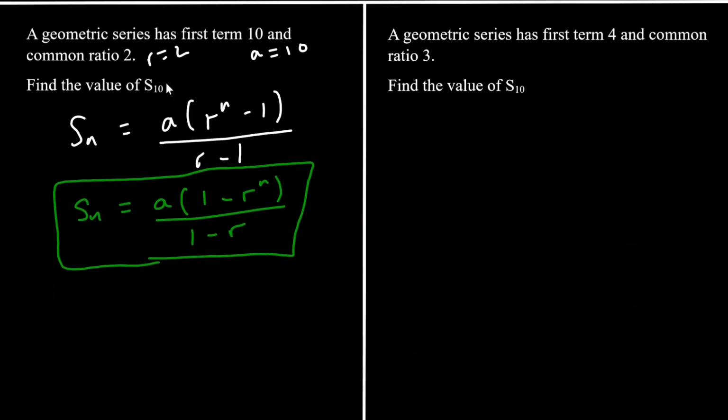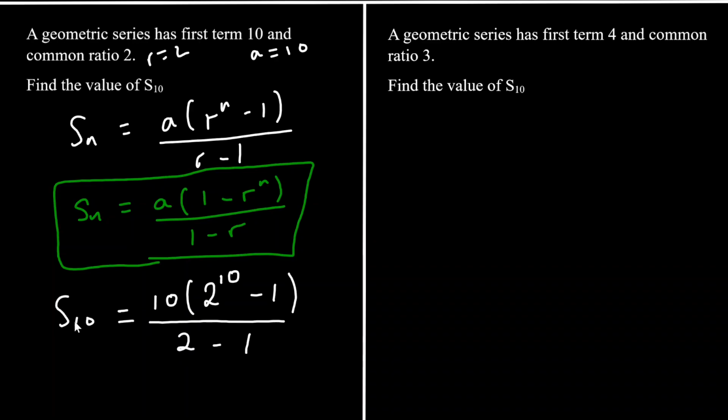So we're just substituting in. r is 2, a is 10, and n is 10 as well. So it's using the top formula, 10 times 2 to the power of 10, take away 1, over r, which is 2, take away 1.